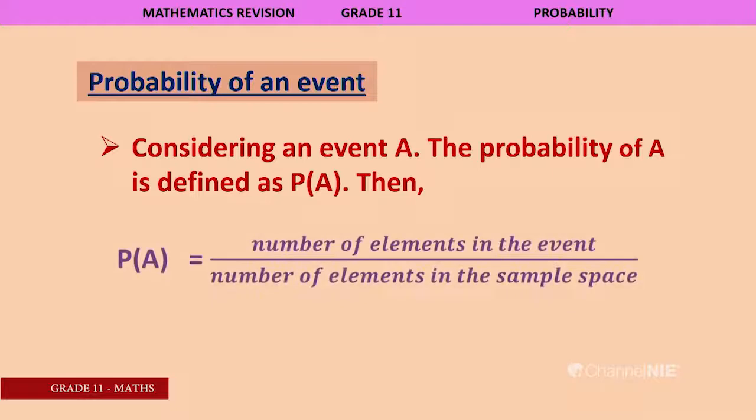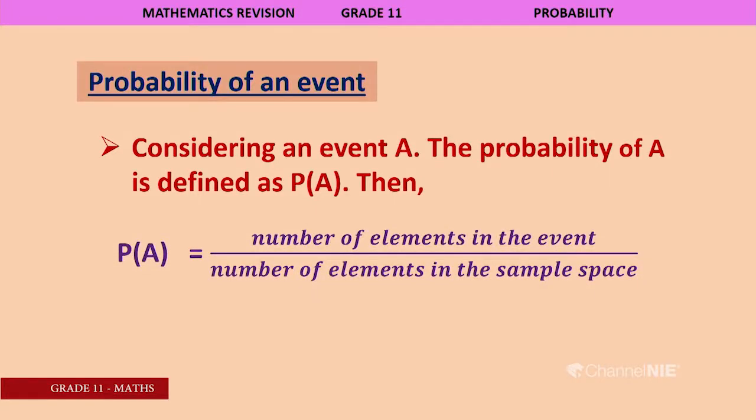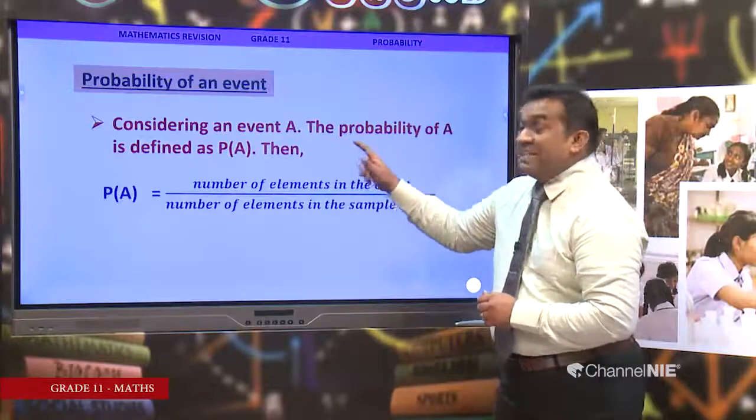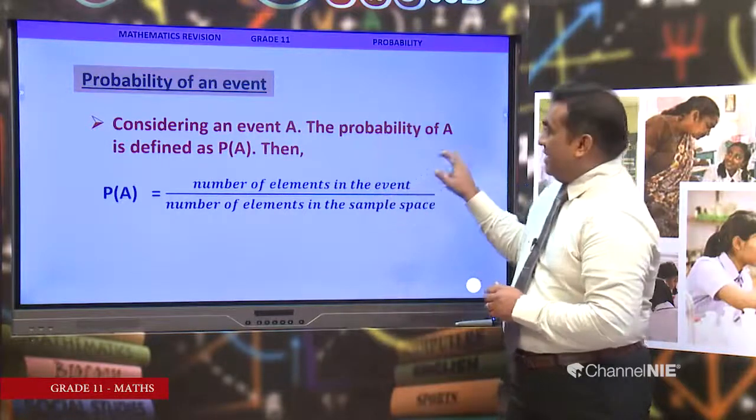Then P(A) is equal to the number of elements in the event divided by the number of elements in the sample space. This is how we find the probability of A. Remember that A is an event.